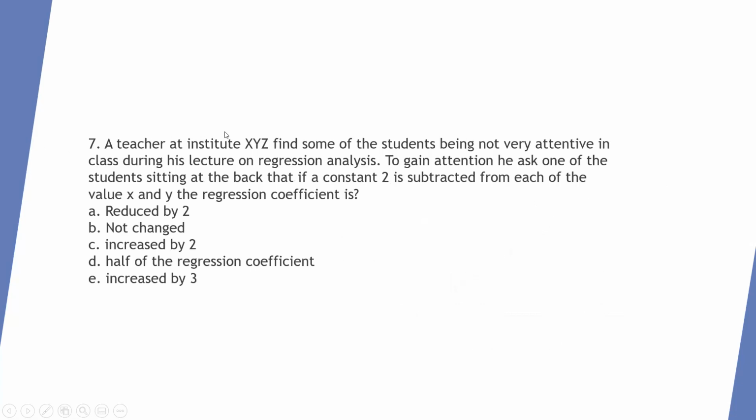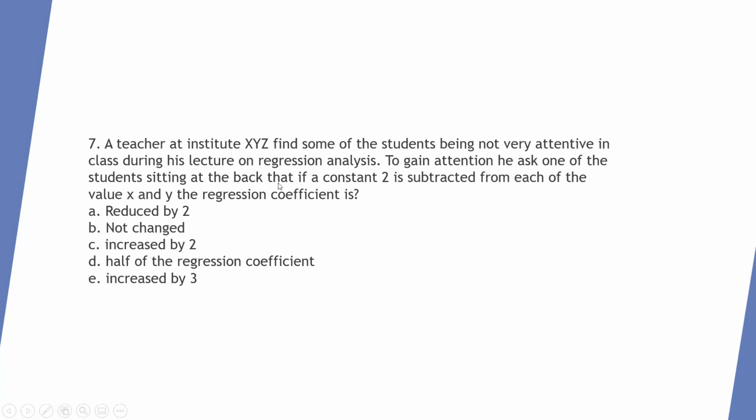A teacher at an institute XYZ finds some of the students not very attentive in the class during his lectures on regression analysis. To gain attention, he asks one of the students sitting at the back that if a constant of 2 is subtracted from each value of x and y, the regression coefficient is: reduced by 2, no change, increased by 2, half of the regression coefficient, or increased by 3.